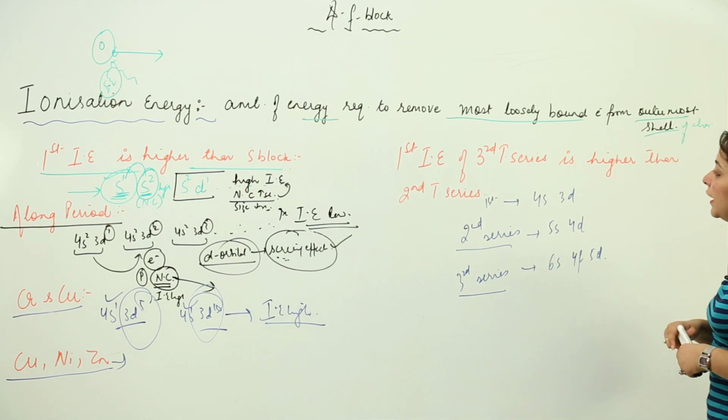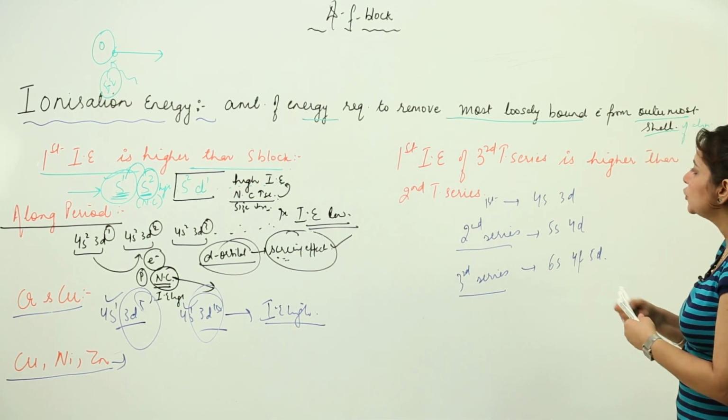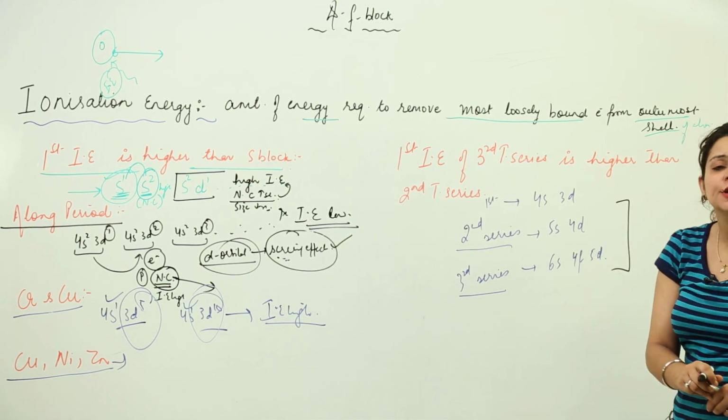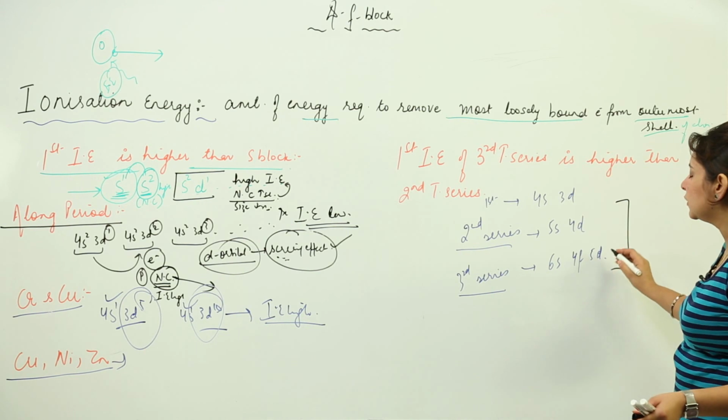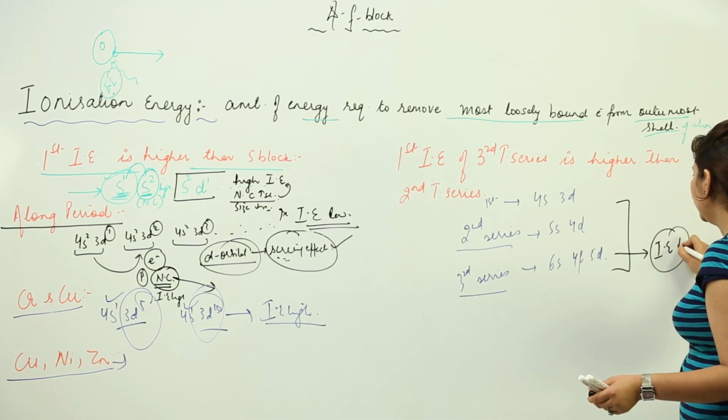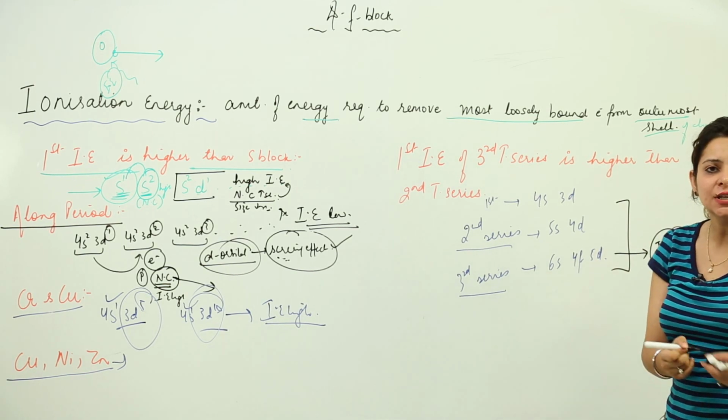So if we compare the ionization energies of the second and the third transition series, we know that the third transition series should have the low ionization energy.